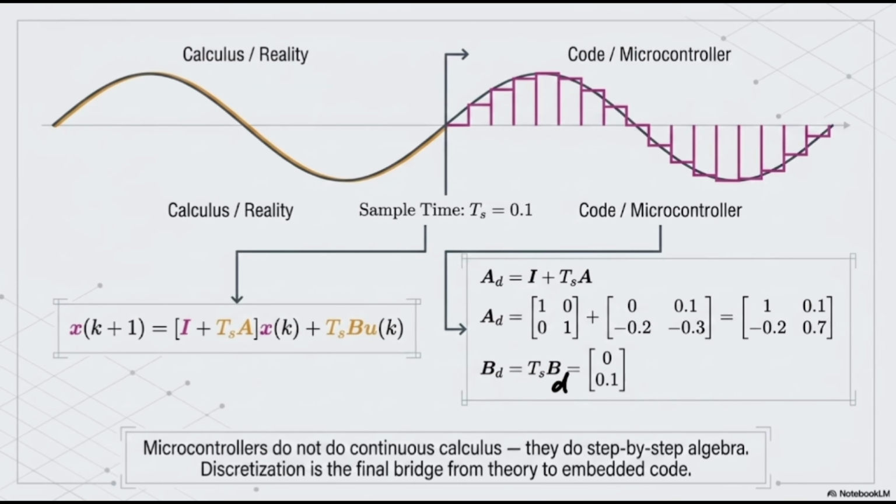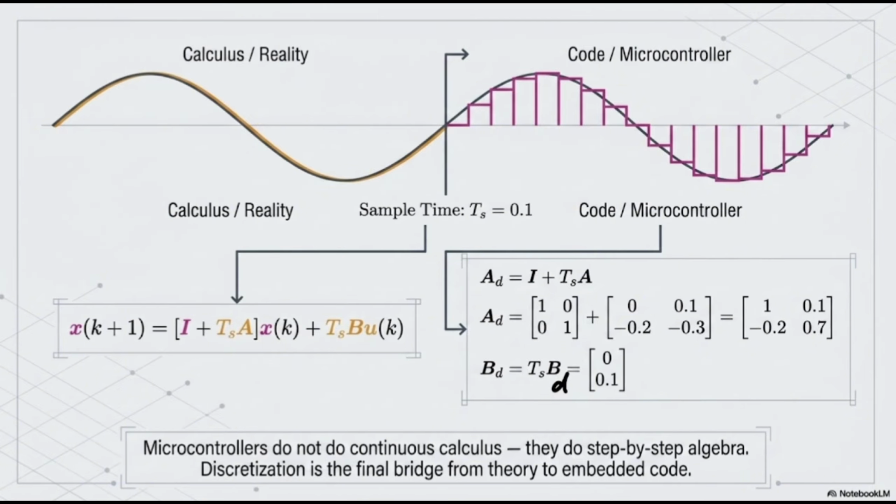And finally, we would like to show the transition between the calculus and the microcontroller or code itself. What does it mean? As you know, microcontrollers work with zeros and ones, and they cannot understand continuous values.